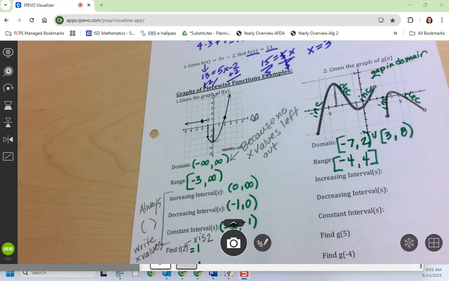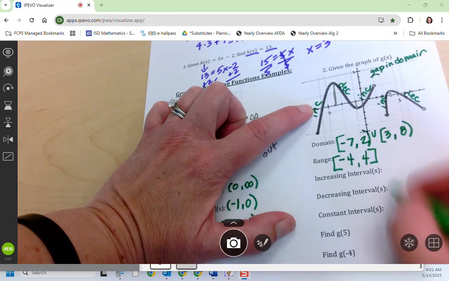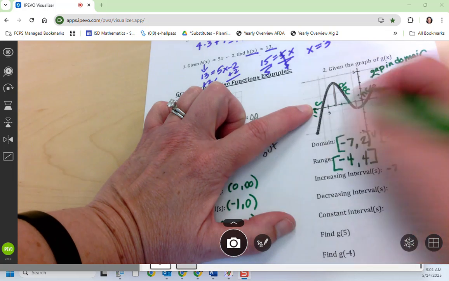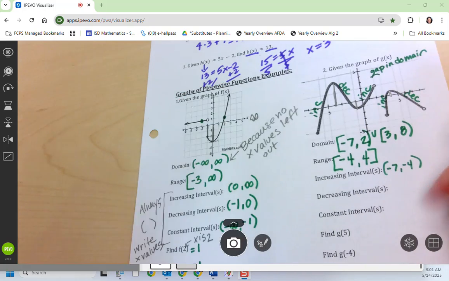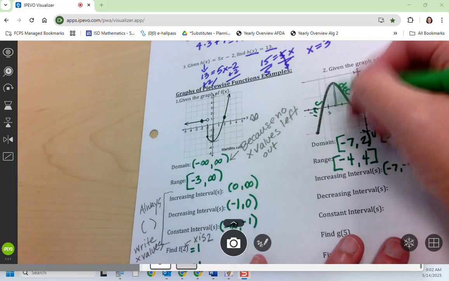Okay, all right, so for my increasing intervals, this one is, I'm getting -7. Did you guys get that? Okay, -7 to -4.